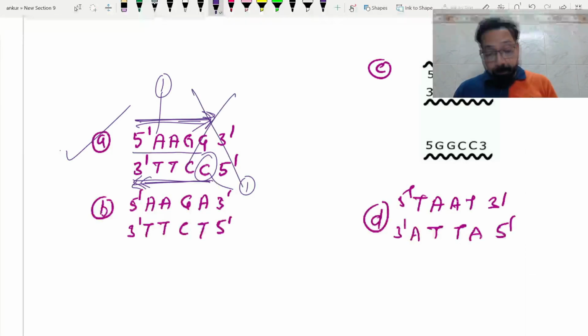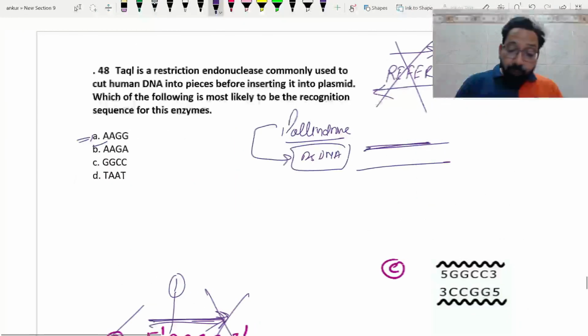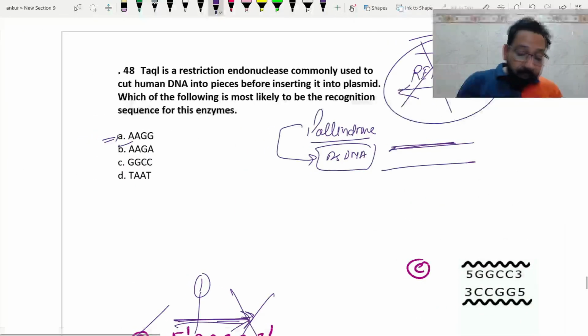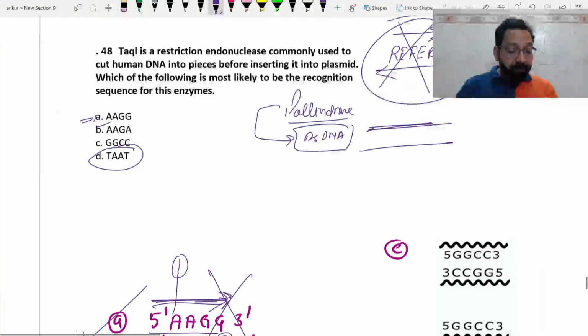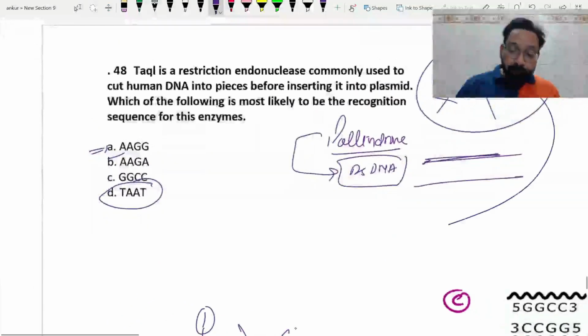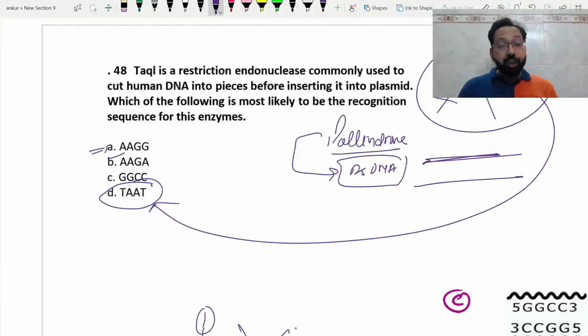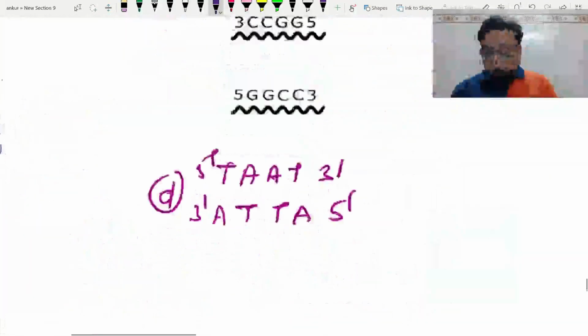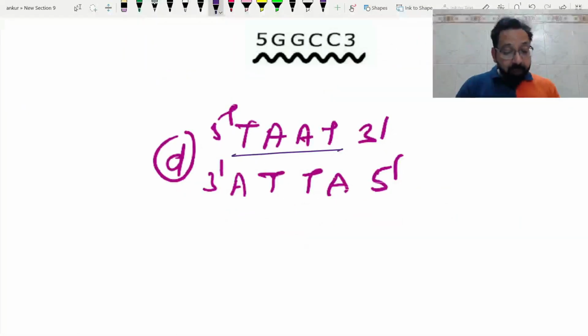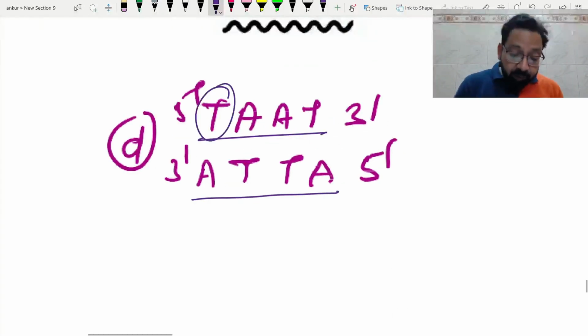Let me take an example. If you remember this and look at option D, you may directly jump to the answer, TAAT. No, this is not a palindrome, because if I write TAAT, ATTA, the first is T and the first is A, so this is not a palindrome.